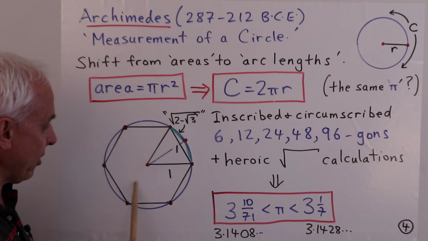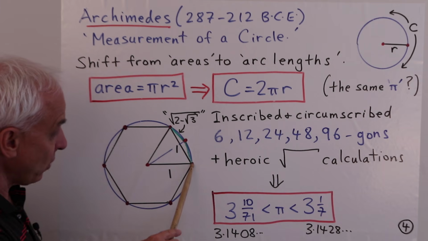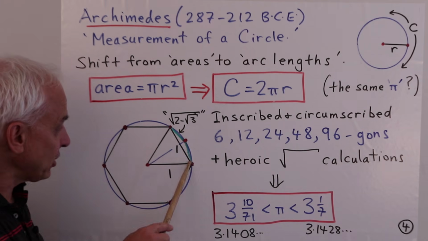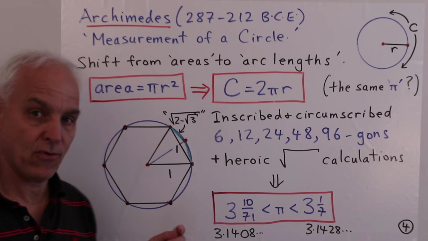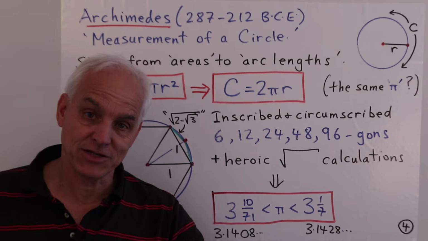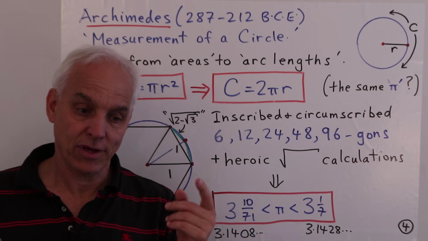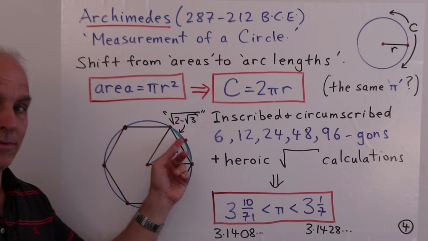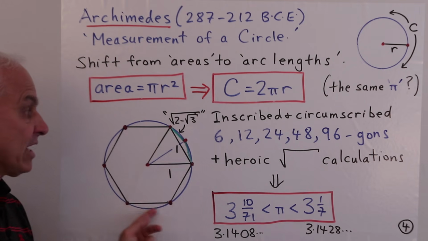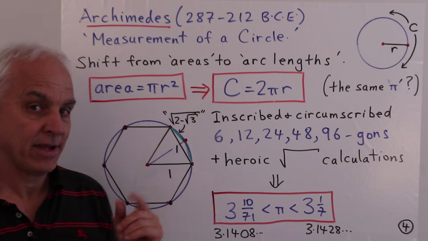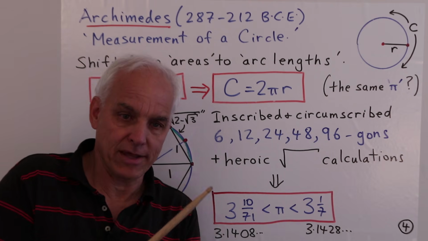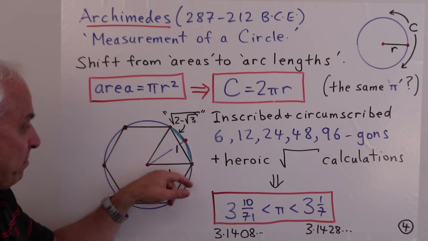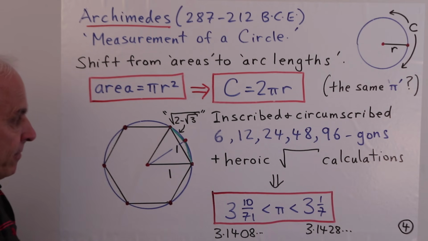There's 6 of them altogether. And so if that side's 1, then that side is 1 as well. So each of these sides here is 1. So a crude estimate for the circumference of this circle is 6 times 1, because that's the circumference of this inscribed hexagon. That will be an underestimate, right? The actual circumference we should expect to be bigger than 6.